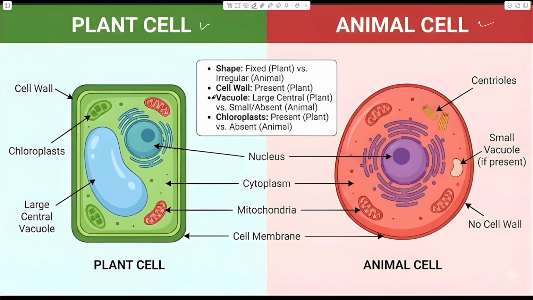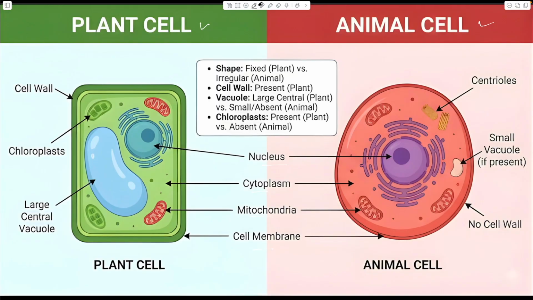There are some common structures found in both of them, for example nucleus, cytoplasm, mitochondria, and cell membrane. We'll learn about these structures in the next slides. These are the structures that are the same in both types of cell.